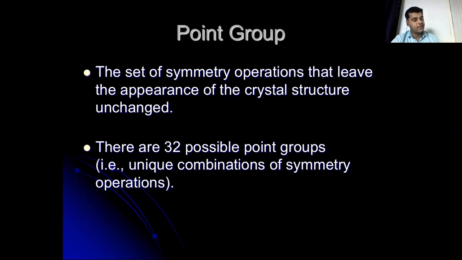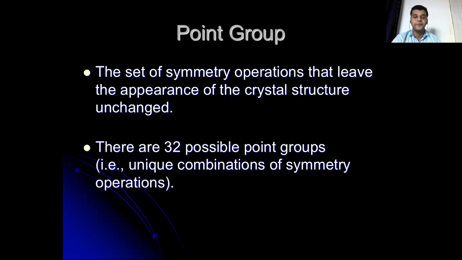A point group is the set of symmetry element operations that leave the appearance of the crystal structure unchanged. If you apply any symmetry operation like mirror image, rotoinversion, inversion or mirror property, there is no change in the crystal structure. This refers to the point group.